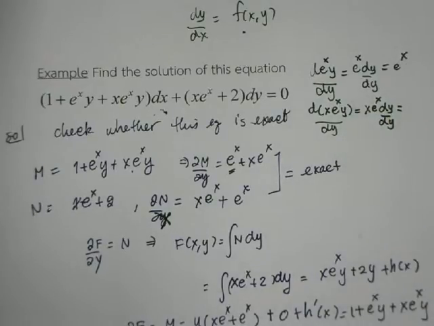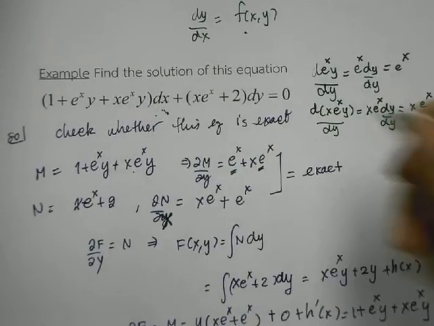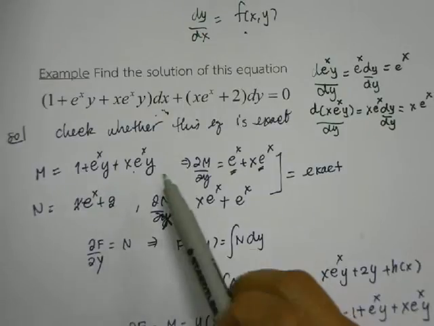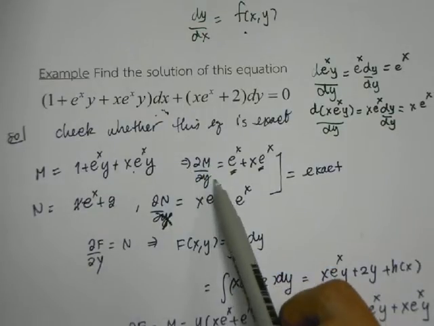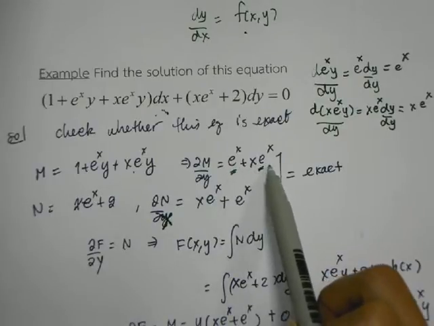So you would get x times e^x, which is this term, right? So the derivative of M with respect to y is equal to e^x plus x times e^x.